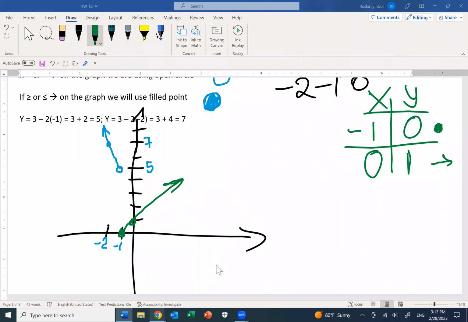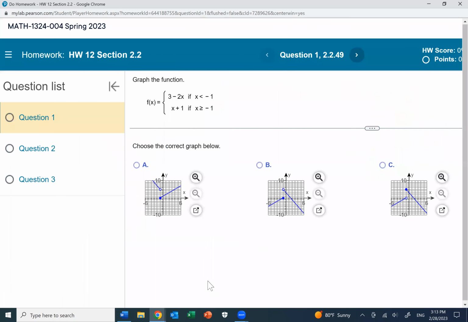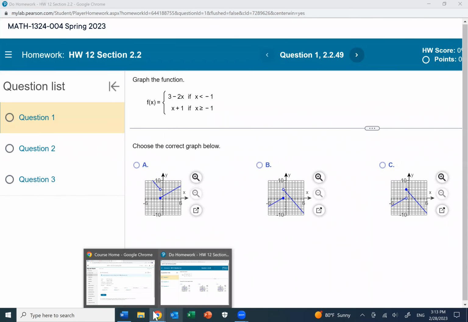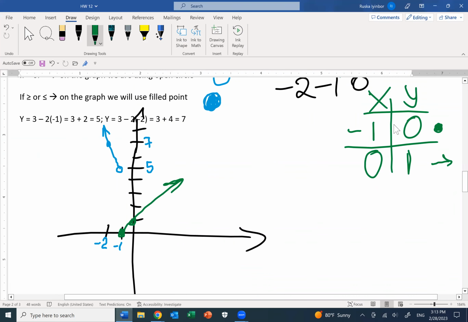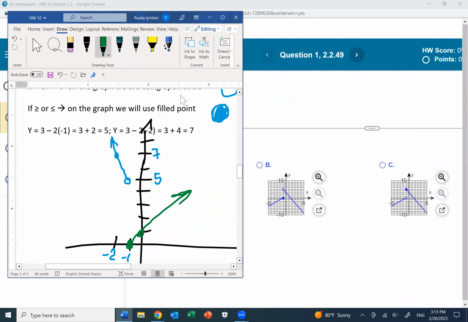So now let's compare. Let's go to the graph and see which one has something like that. Here we have to pay close attention to which circle is filled and which one is open. So I'm going to make this smaller so I can compare. See, the line is going up. The left side is going up, the right side is going up.